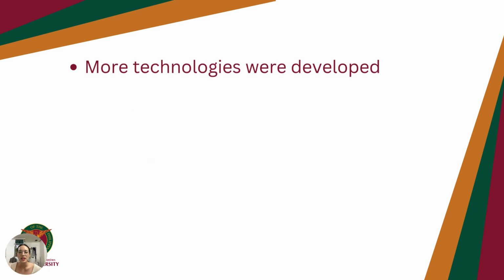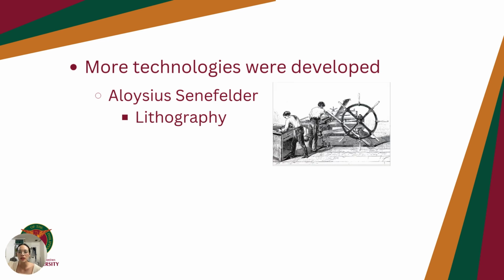Innovation did not just end with Gutenberg as more technologies in communication were developed. Some of the inventors worth mentioning are Aloysius Senefelder from Germany. He invented the printing technique of lithography. Later on, we will learn more about this method.